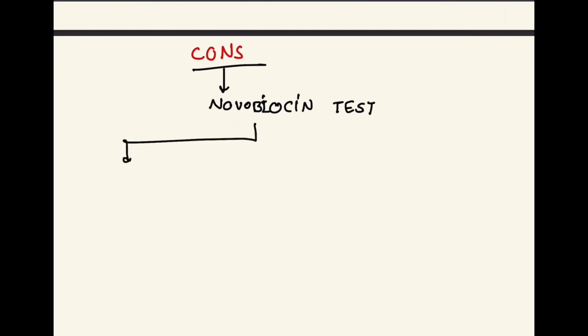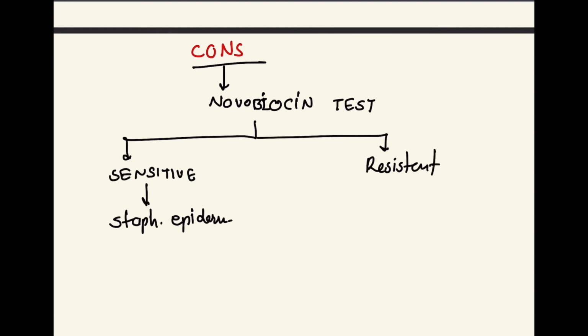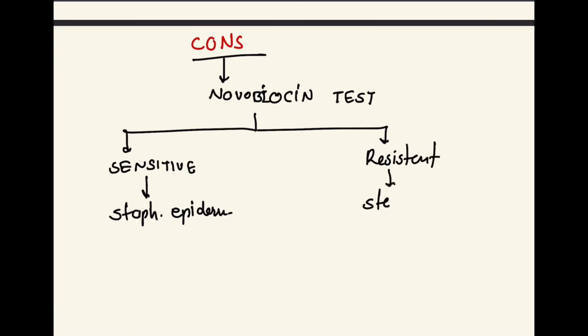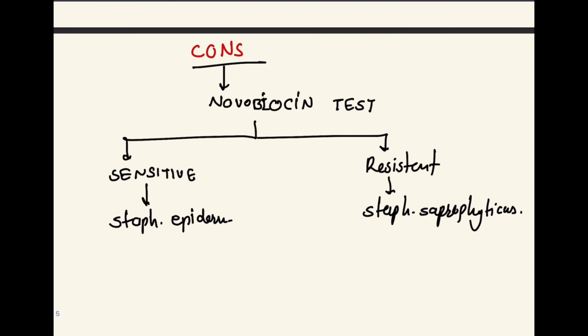So if it is novobiocin sensitive, which means it can kill the bacteria, it is Staphylococcus epidermidis. And if it is resistant, it is Staphylococcus saprophyticus. So that's how we can differentiate between Staphylococcus epidermidis and Staphylococcus saprophyticus.